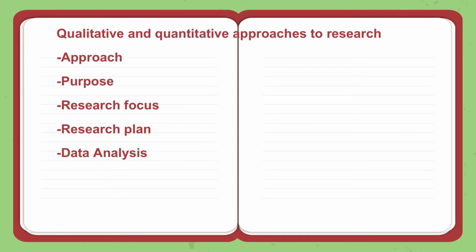Alright, so let's take a look at the difference between quantitative research methodologies and qualitative research methodologies. We'll look at them in terms of their approach, their purpose, their focus, their research plan, and their data analysis. Quantitative research methodologies are deductive in nature.